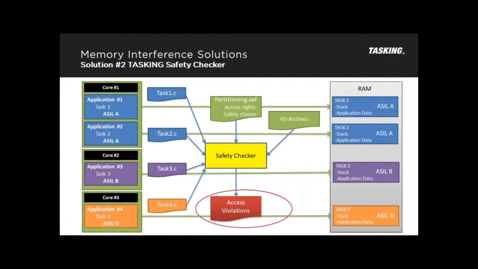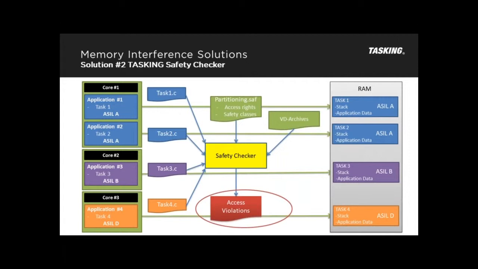The safety checker takes your source code from different applications that you already developed in your software stack. As an input as well, you have to configure the safety checker, and define the access rights and the safety classes that you are using. You could also integrate archives from different third parties that already use the safety checker in their applications.